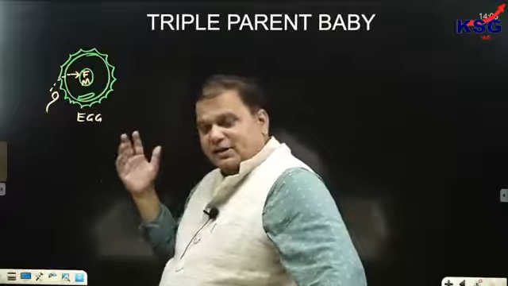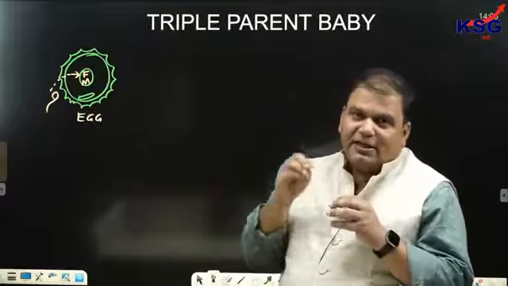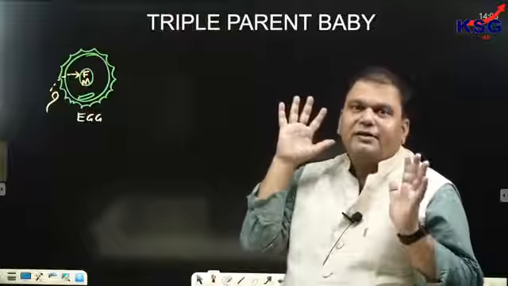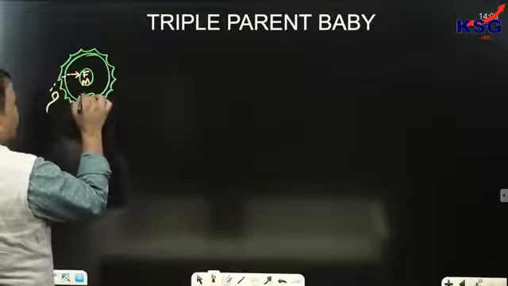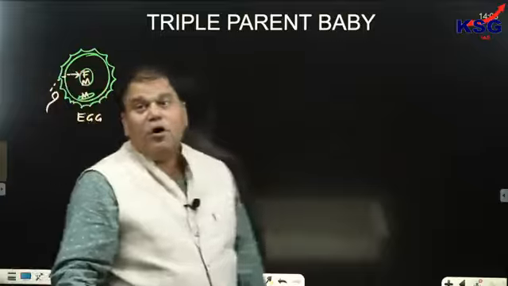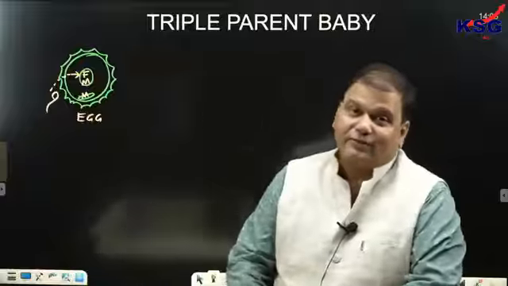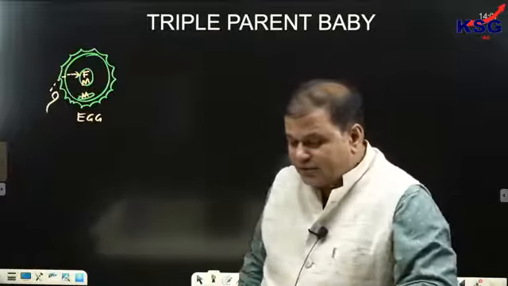Clear? Whenever fertilization is taking place, the genetic material of the father is reaching only the nucleus of the egg. It does not reach the mitochondria. So it means that the mitochondrial DNA which is present in us belongs to our mother, not to our father.